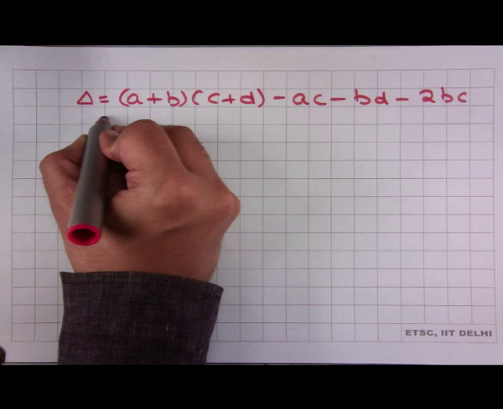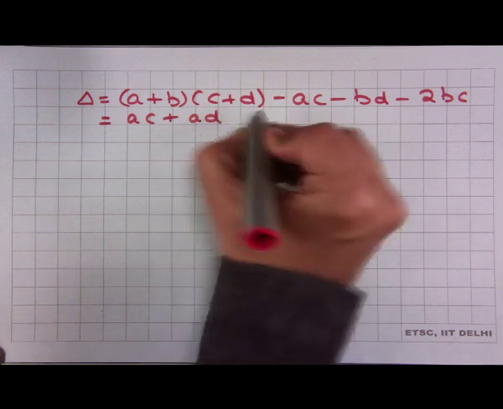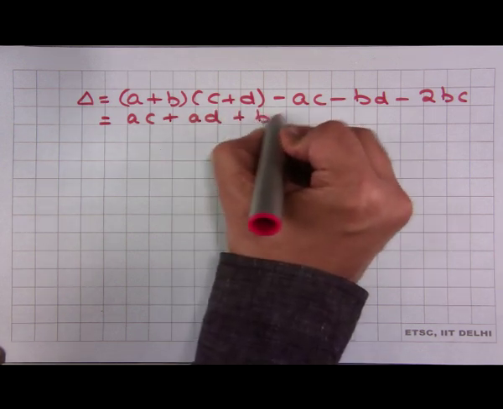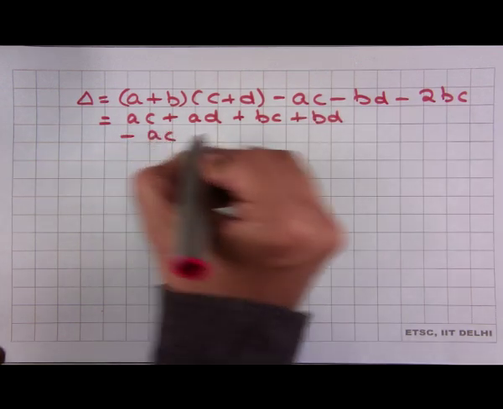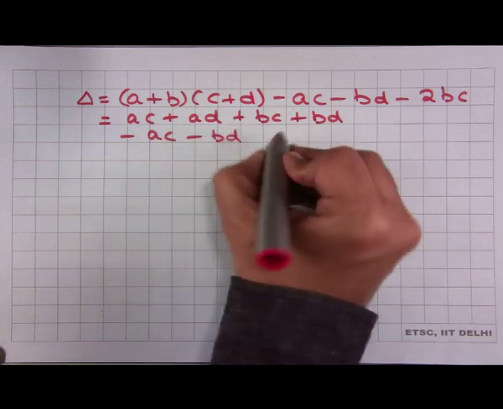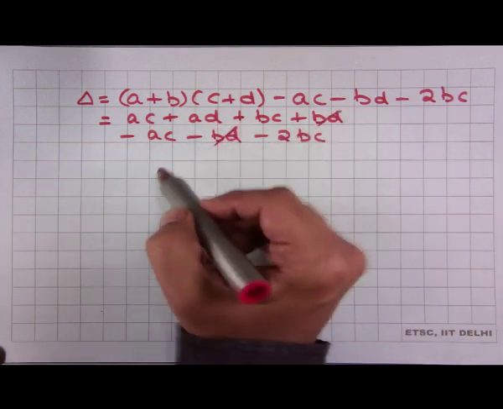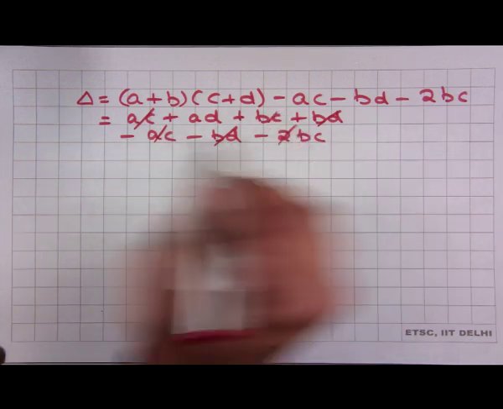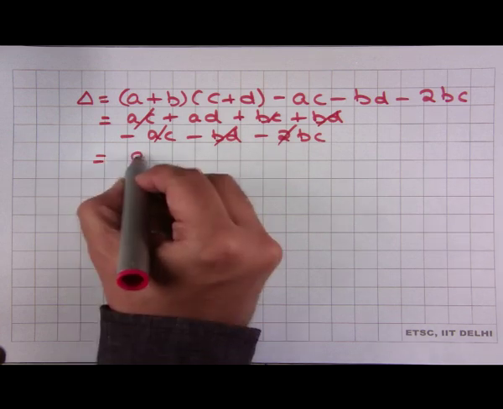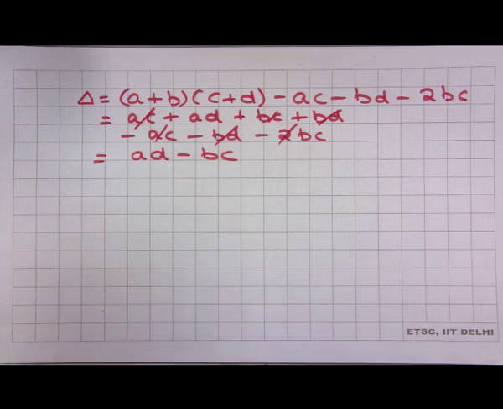So, this is ac plus ad plus bc plus bd minus ac minus bd minus 2bc. The bd and bd cancel, ac cancels, and one of these bc's cancels, leaving us with ad minus bc. So, this ad minus bc term again comes up.